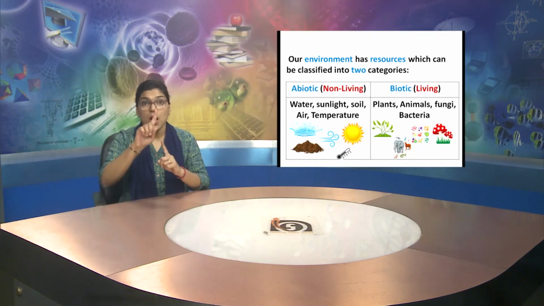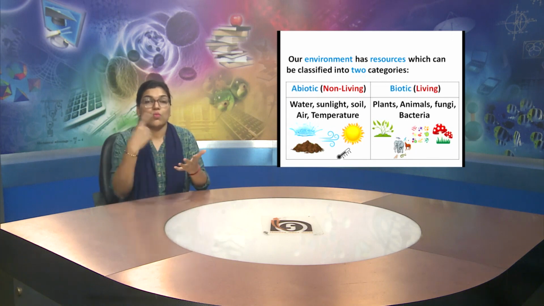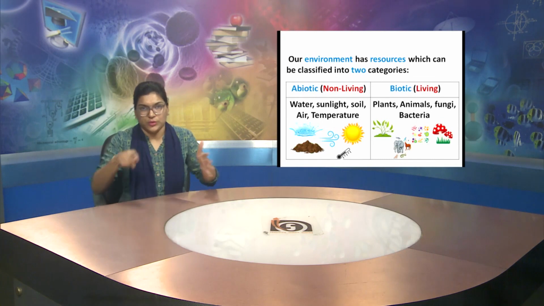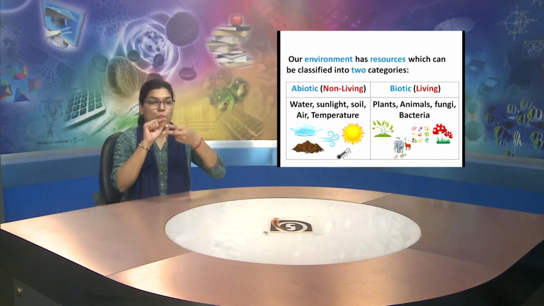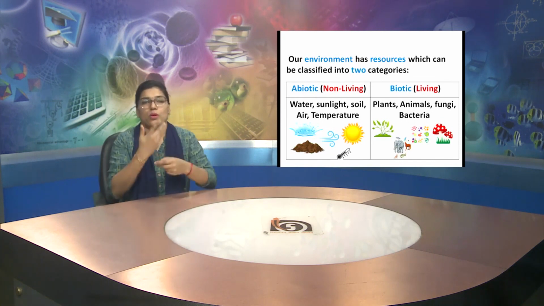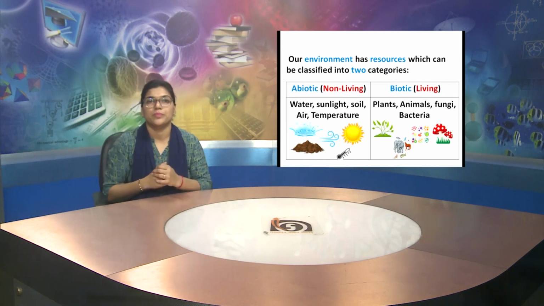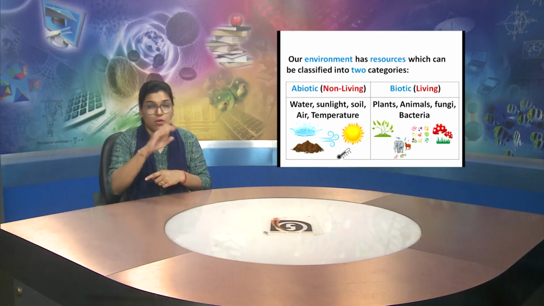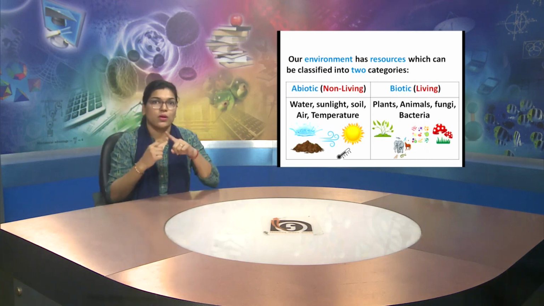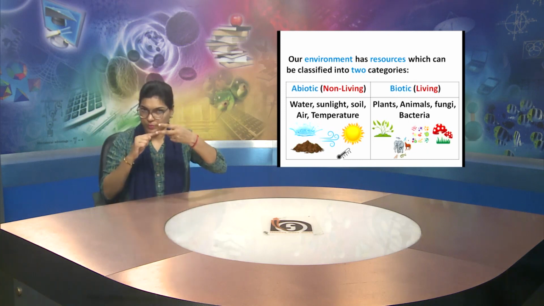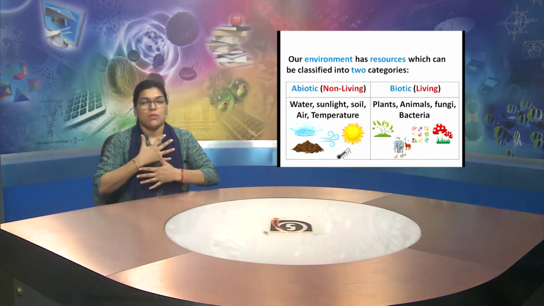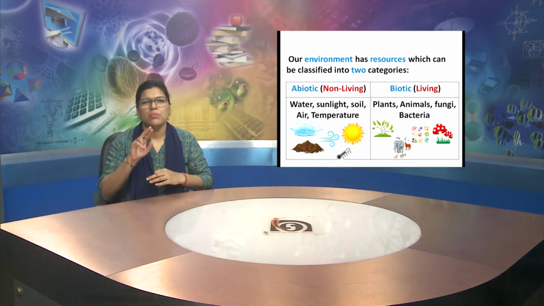As you can see on the screen, there are different kinds of resources available in the environment, and those resources can be categorized in two categories. The first one is abiotic and the other one is biotic. Let us first understand the meaning of abiotic.